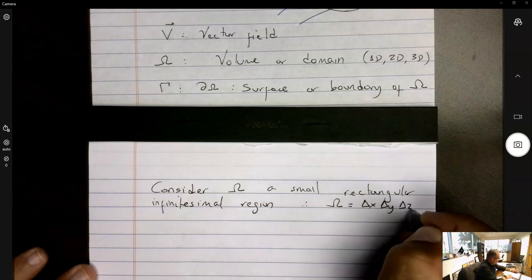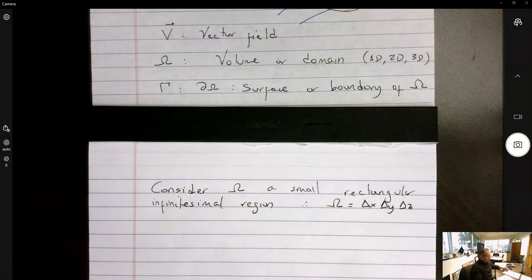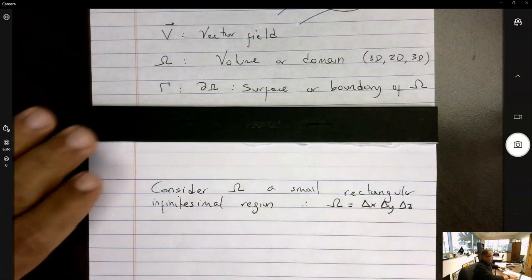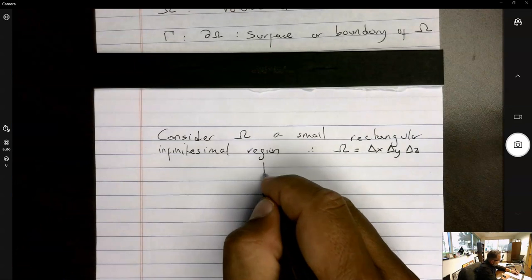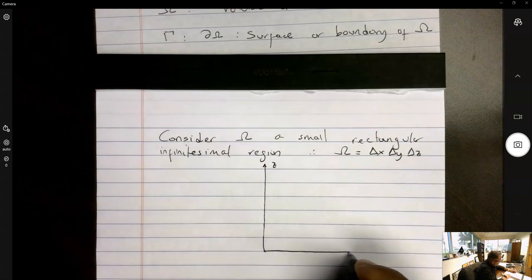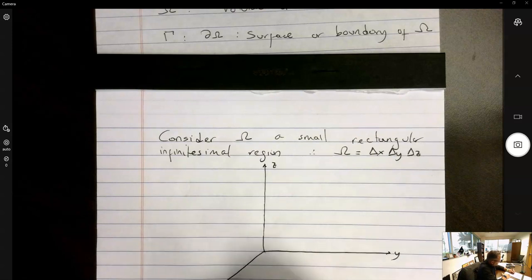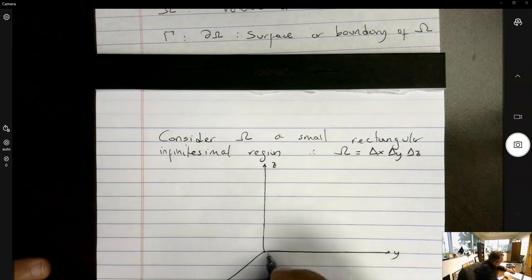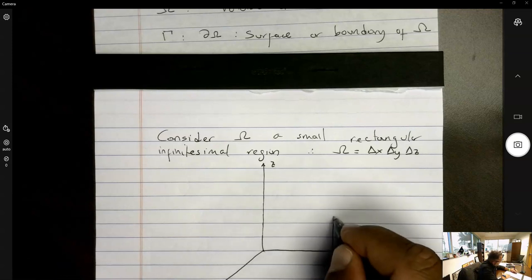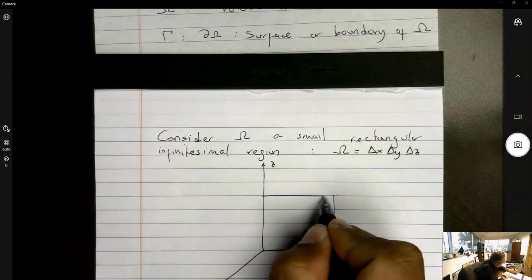That would actually make things very easy to do. So omega is just a parallelepiped of size delta x, delta y, and delta z. So if we draw the Cartesian coordinate system here, be careful with the way I define this.